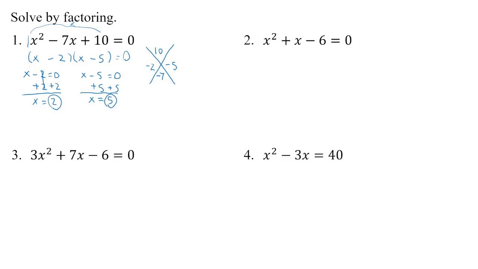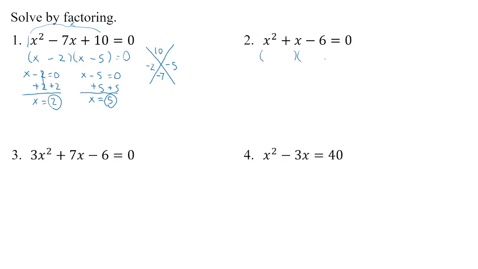Next, we're going to solve x squared plus x minus 6 equals 0. One side of it is already 0, so we're going to factor x squared plus x minus 6.